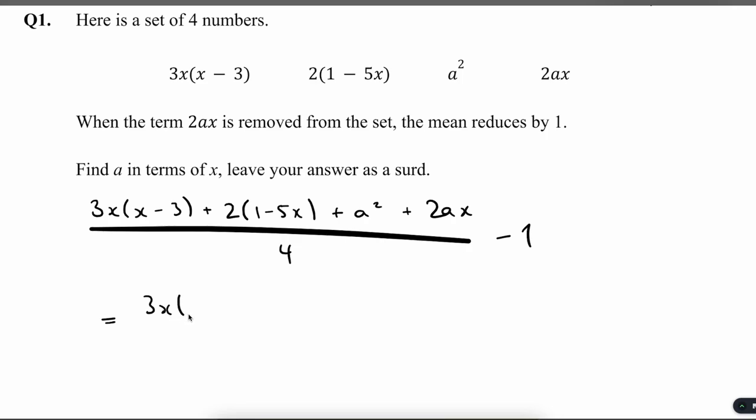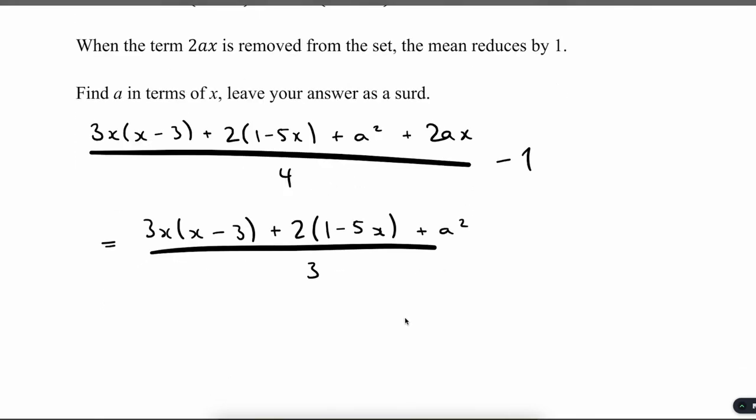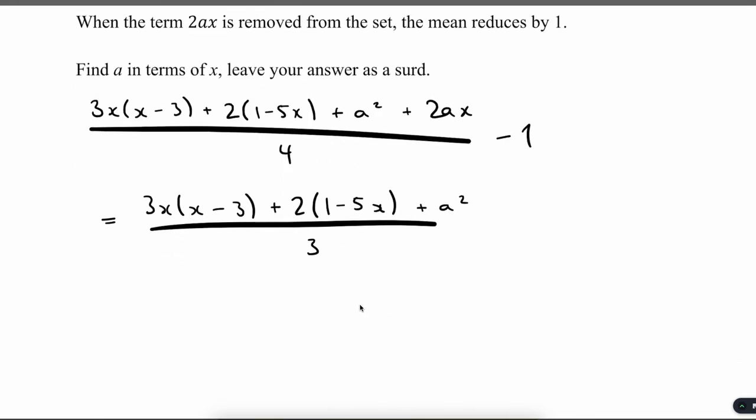So you get 3x minus 3 plus 2, 1 minus 5x plus a squared over 3. Okay? Now we can multiply by 12 to make it one big long equation. So 4x.